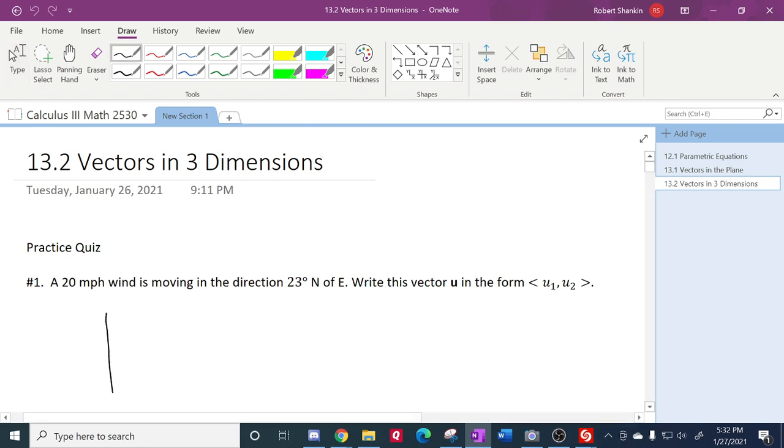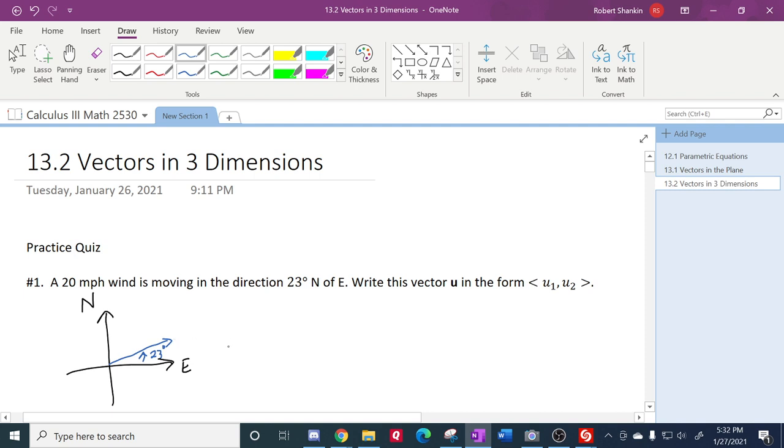Okay, so if I have east over here and north here, 23 degrees north of east would mean go east and turn 23 degrees towards the north. So this is 23 degrees.